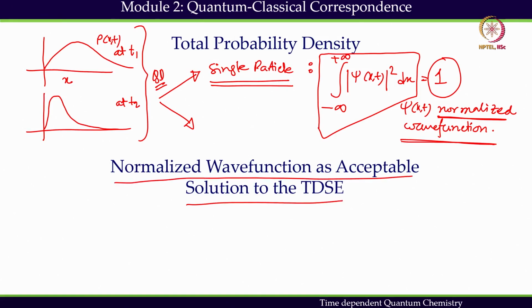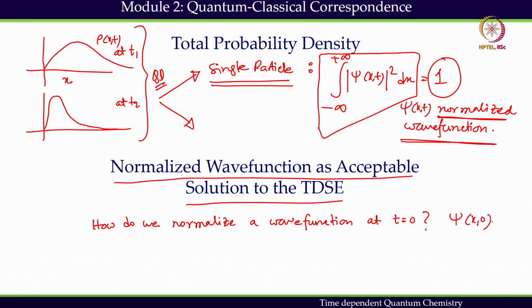Question is, how do we normalize a wave function at t equals 0? And second question, so I have this function and it is evolving, let us say, in quantum dynamics.